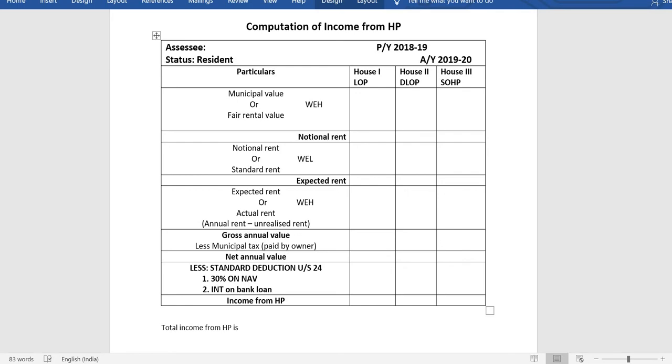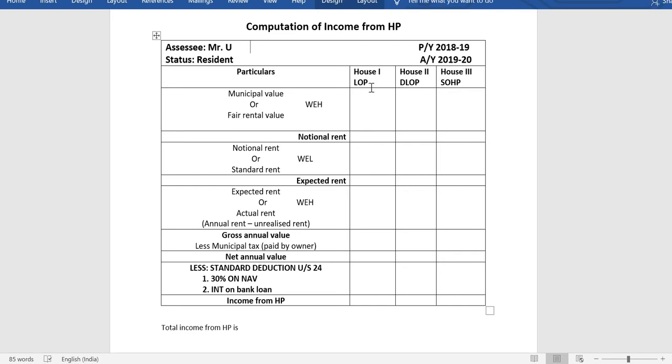So already I made a format for you, so please all of you draw the format. Now assessee name Mr. U, then he is a resident, right? Previous year and assessment year: your assessment year is 2019-20, previous year 2018-19.